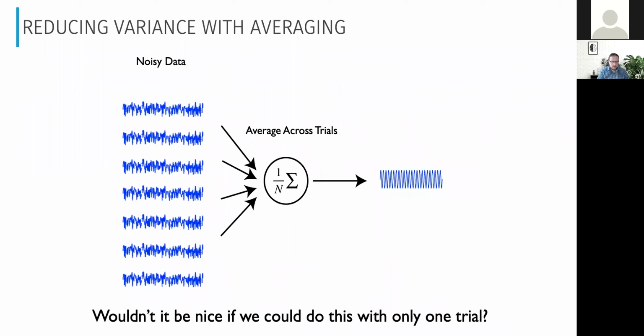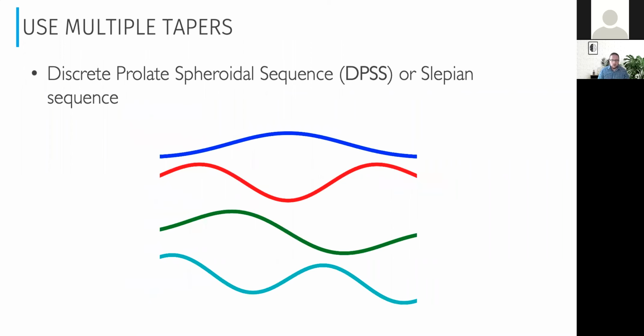And so we're going to apply this concept of tapering and multiple trials to spectral data, and this will get us the multi-taper spectrogram. So instead of just using one taper, we're going to use multiple tapers. And the shape of these things comes from something called the DPSS sequence.